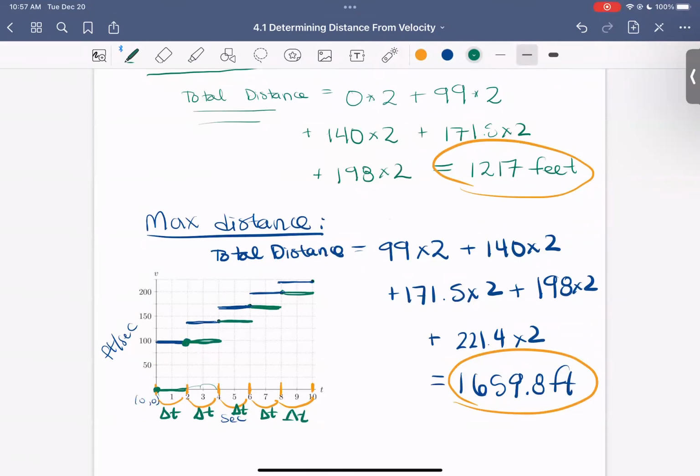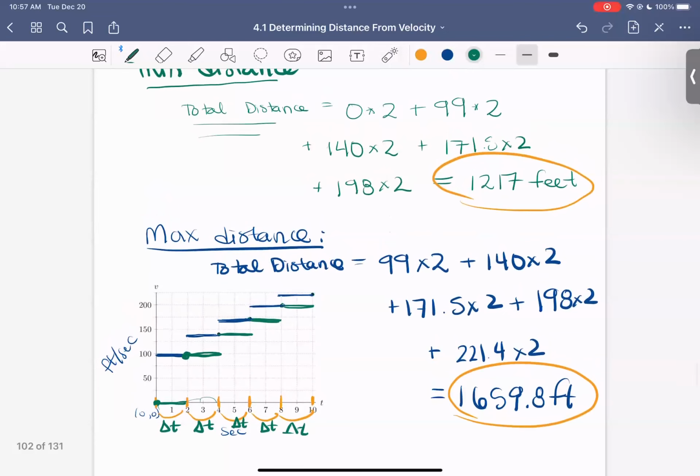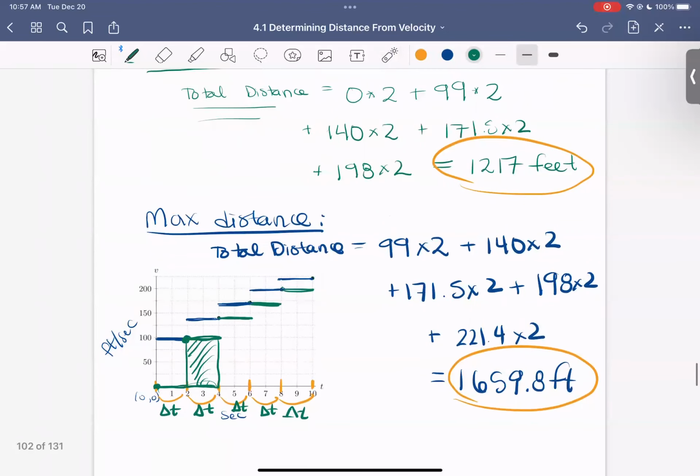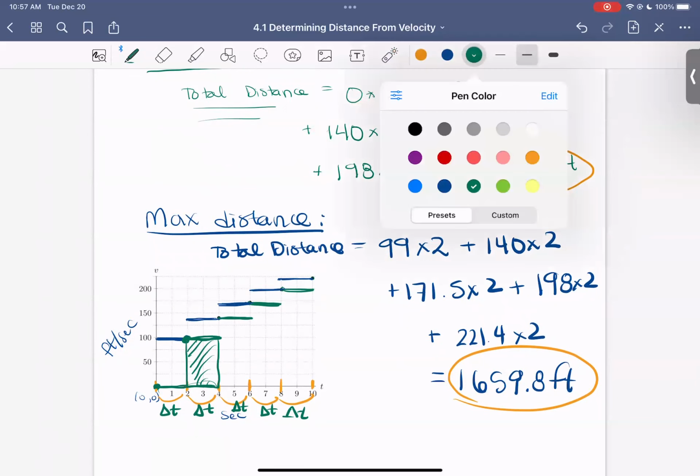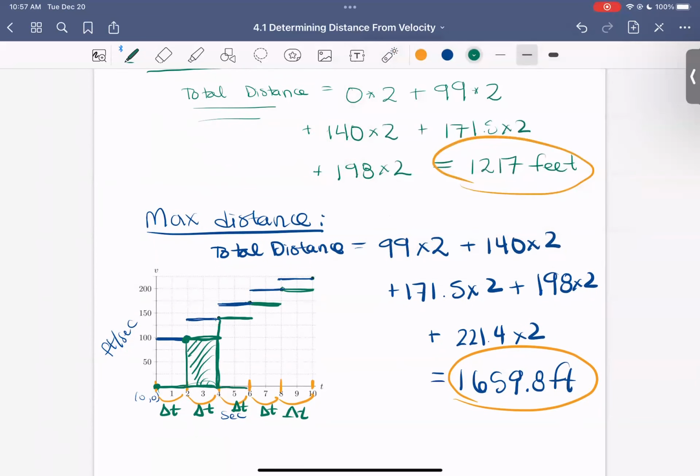So notice the first calculation here, 0 times 2, gives the area of this line, which is 0. The next calculation, 99 times 2, gives the area of this rectangle here. It's 2 wide and 99 high. So we're getting that area. The next calculation, 140 times 2, gives the area of this next rectangle, 2 wide and 140 high.